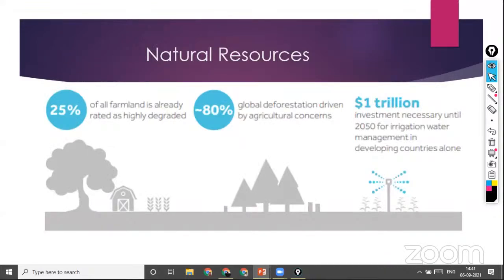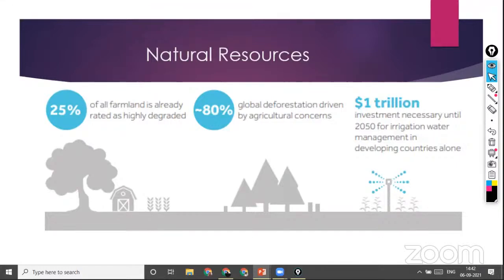According to this report, 25% of the farmland is already rated as highly degraded. Usually farmers, from their experience, used to do crop rotation and all. But according to this report, around 40-50% of the farmland is slightly degraded.